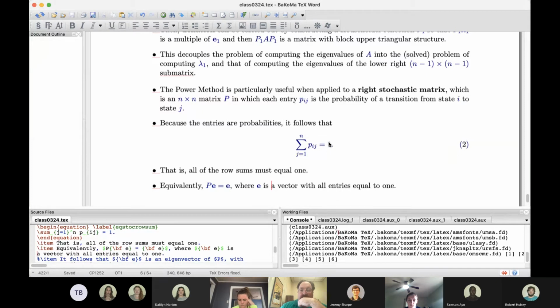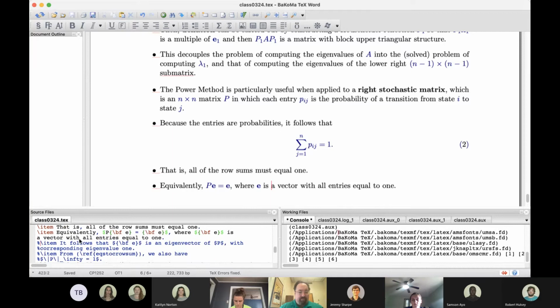If all of the row sums are the same, whether they're equal to 1 or not, the value of those row sums is an eigenvalue, and e, the vector of all ones, is an eigenvector. So with a right stochastic matrix, if all the row sums are equal to 1, then 1 is an eigenvalue of P, and this vector of all ones is the eigenvector. That's a property of all right stochastic matrices.